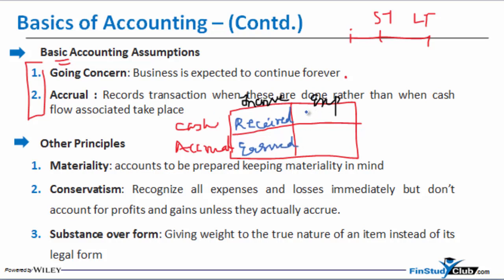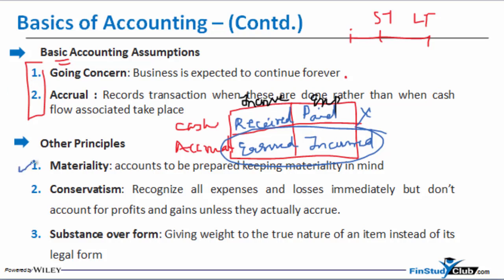Similarly, expense in cash is said to be paid, whereas expense in accrual is said to be incurred. What this principle basically means is that while accounting, the focus should be on accrual rather than the cash flow associated with it. We're going to talk about that in the income statement in much more detail.